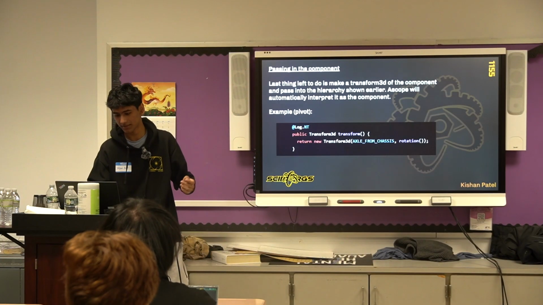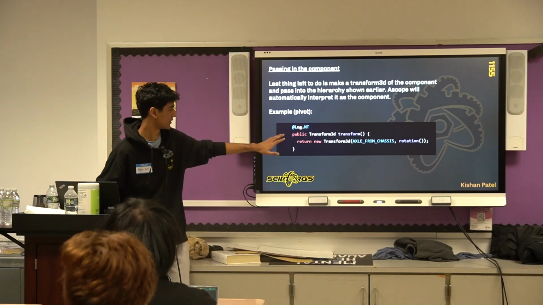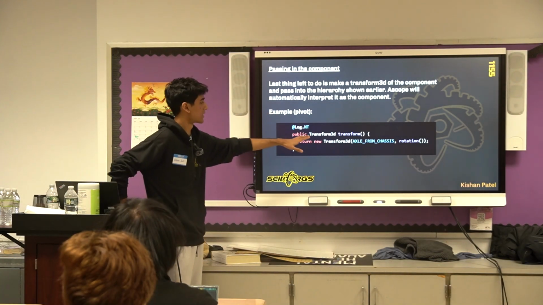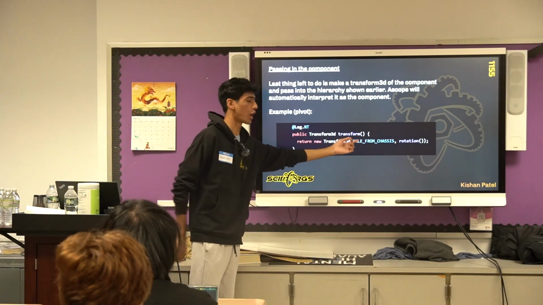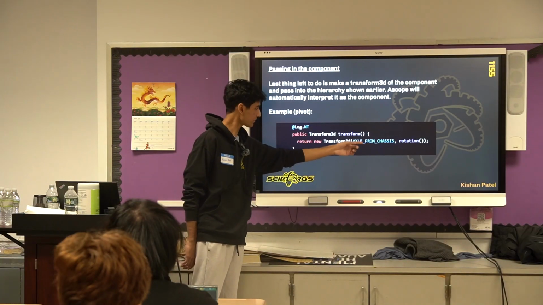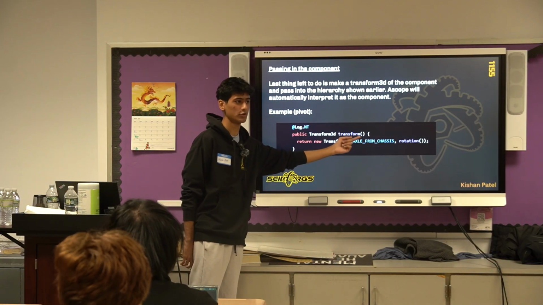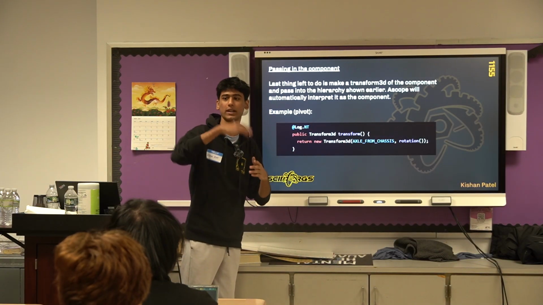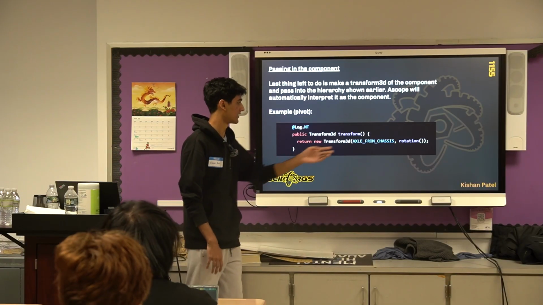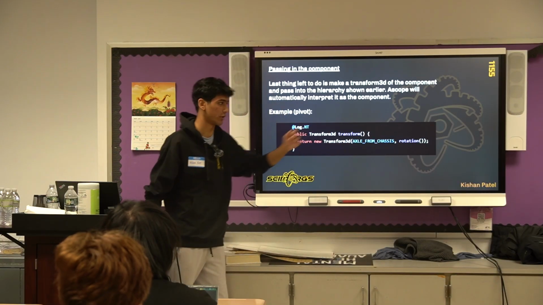The software side of this is pretty simple. If I have a pivot, you make a Transform3d with the offset from the center of the chassis to the point where it should be rotating about. And this is just the actual position or the rotation of the arm.